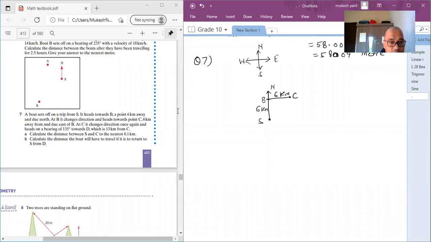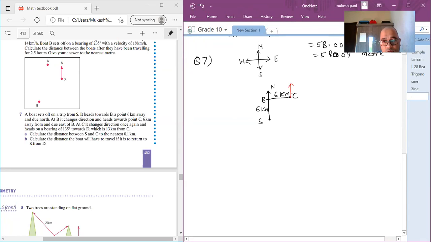At 6 kilometers away from the east. Then at C it changes direction once again and heads on a bearing of 135 degrees towards D, which is 13 kilometers from C. So what we have to do here is draw a north, because it's making an angle of 135 degrees.